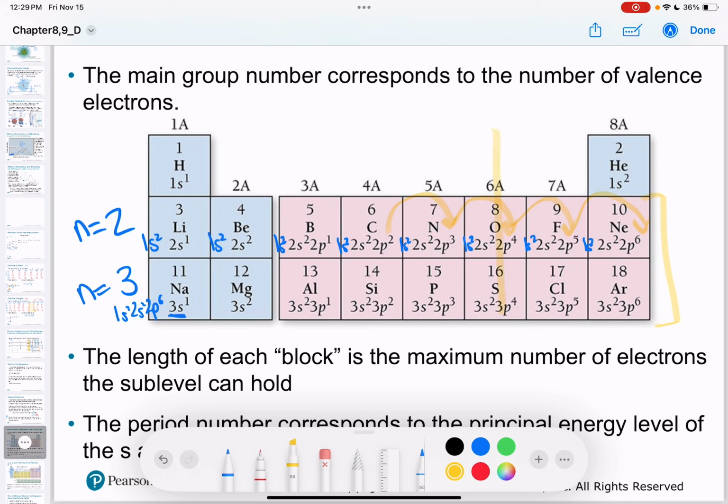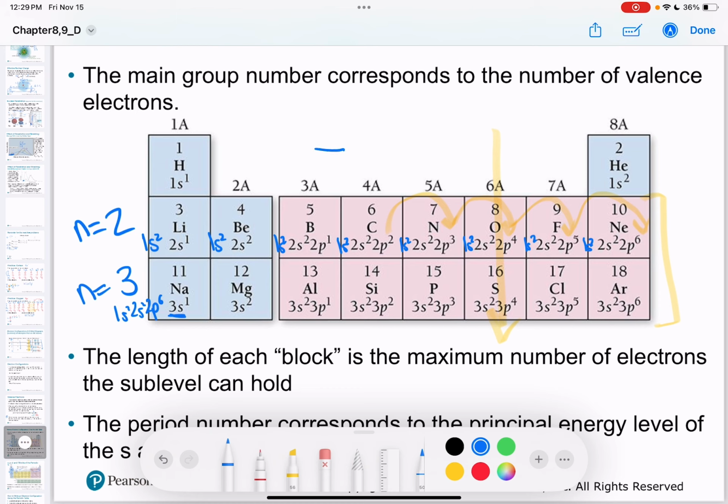In the oxygen column, those are all going to be S2, P4. This is why they have the same chemical properties, because they have electrons in the same valence shells and even really the same orbitals, just one shell higher.